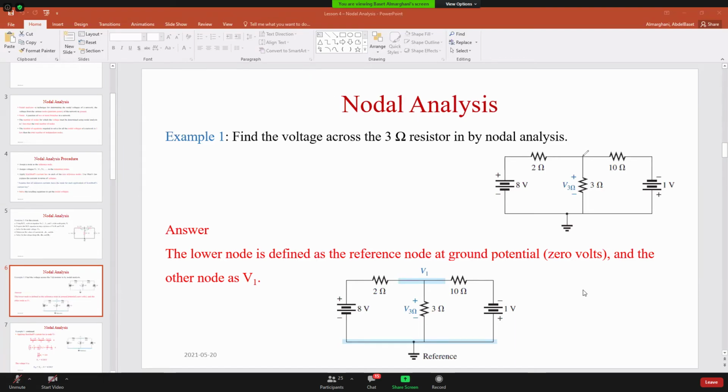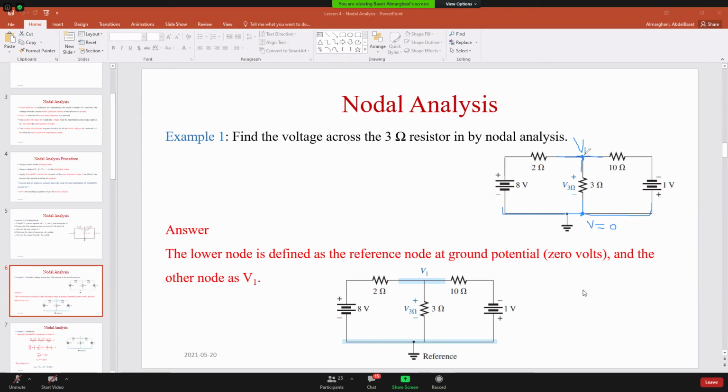This is 1. Everything connected to it will have the voltage, let's say V1. This is another one, which is everything connected to it will have the same voltage. And we're going to select it as my reference.